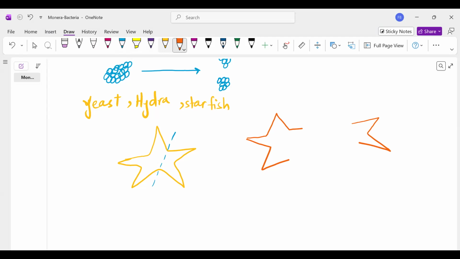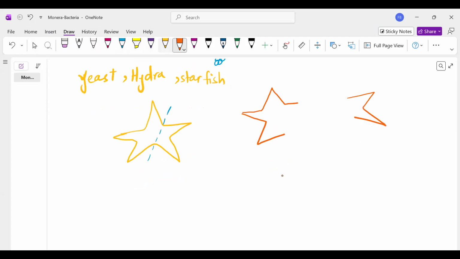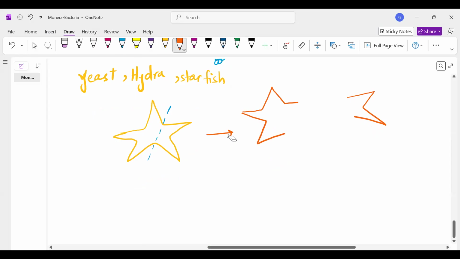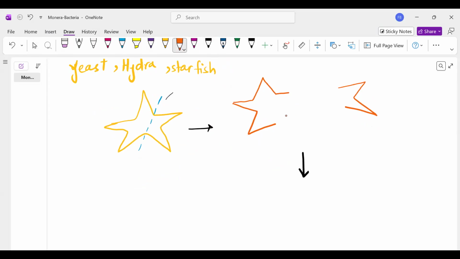So what will happen? These two regions are not dead. These two will be converted into new individuals. How will they be converted? Over here, there will be growth, and on this side, there will be growth.